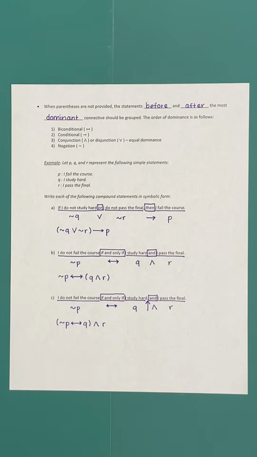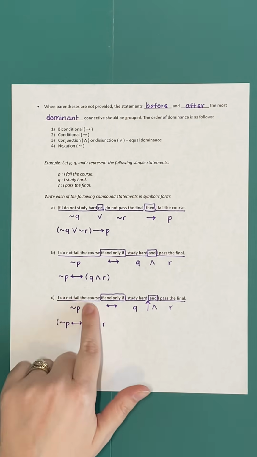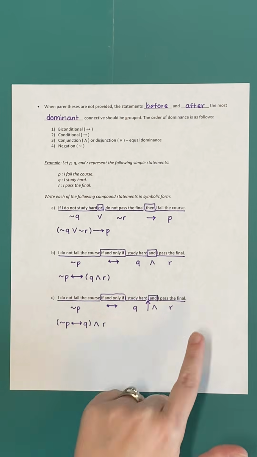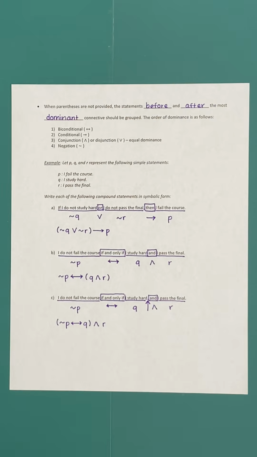The only difference here is the fact that there is a comma, whereas there wasn't one before. So if we were going to read this aloud, paying attention to the comma, actually reading with the comma, it would be, I do not fail the course if and only if I study hard, and I pass the final, because the comma always means you pause. Because that comma is there, we adhere to what the comma is telling us to do rather than the rules of dominance.